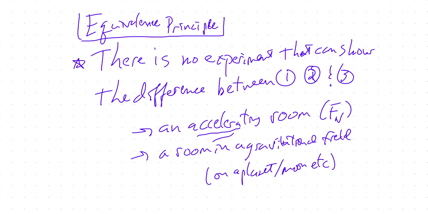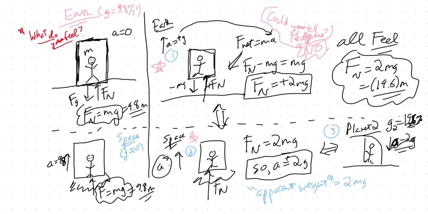This is a hint. This is hugely a hint. A accelerating room at A, and a room in a gravitational field where g is A. So I gave the example of 9.8 on the left, of course. You feel the normal force.